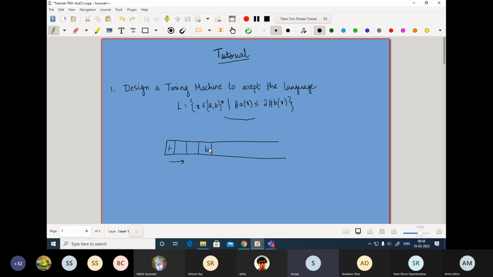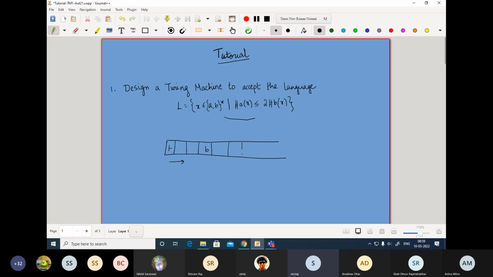Is that the first step? So if you don't come to a B, then what are you doing? Ma'am, if there is no B, then the string must be empty for this to be accepted. Right.